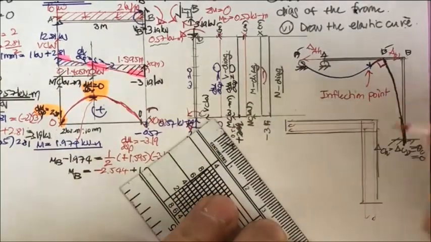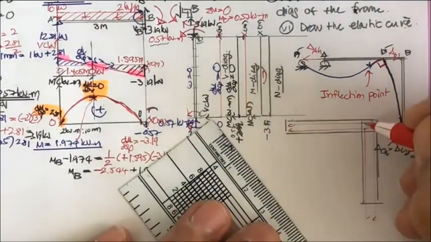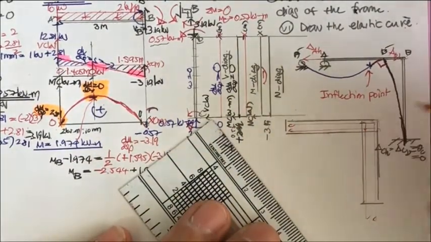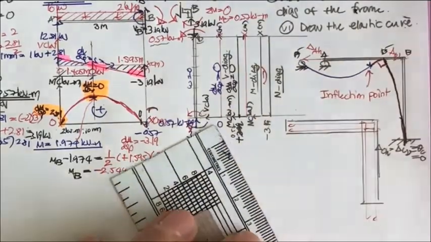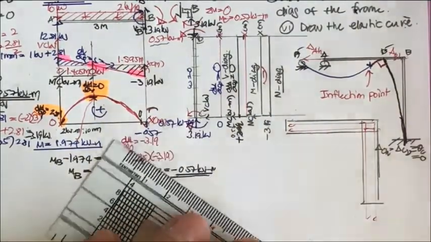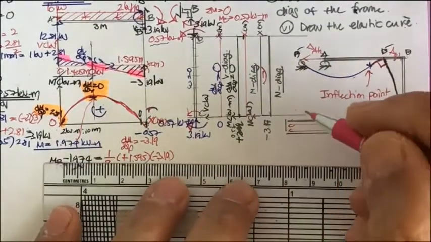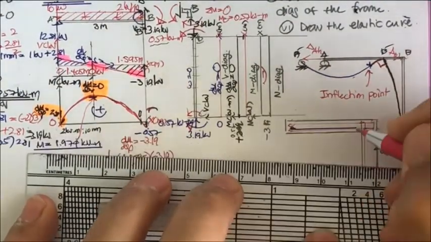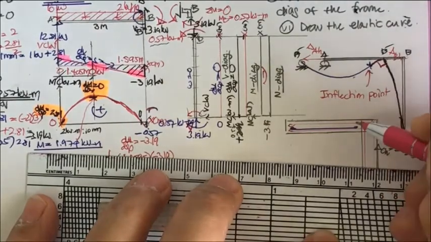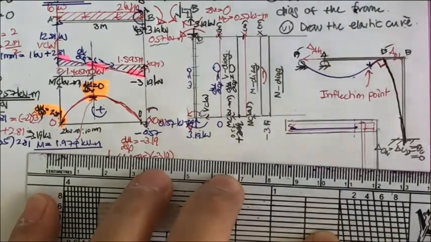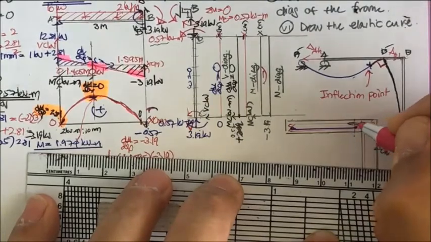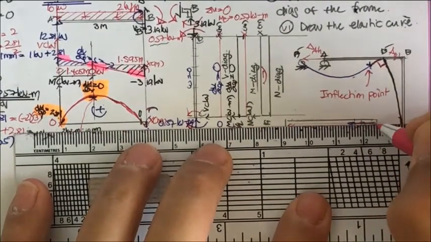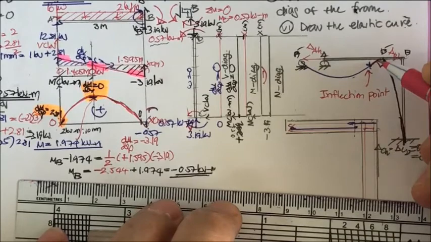Put this one like this. And what we have is, for this one, we're going to put more reinforcement up into the inflection point. And again, for this one, we put it on the top for the negative moment on the top.